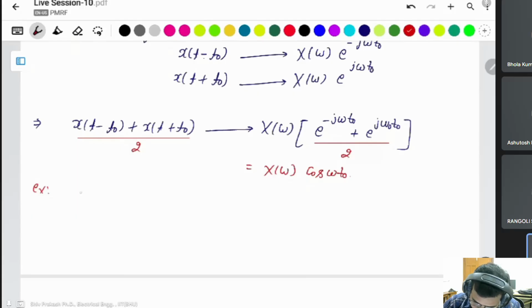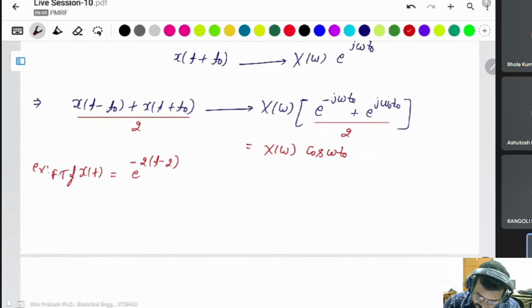This is an example: x(t) equals e to the power of minus 2 mod of t minus 2. How can you find the Fourier transform of this one? This is not t, this will be mod of t.